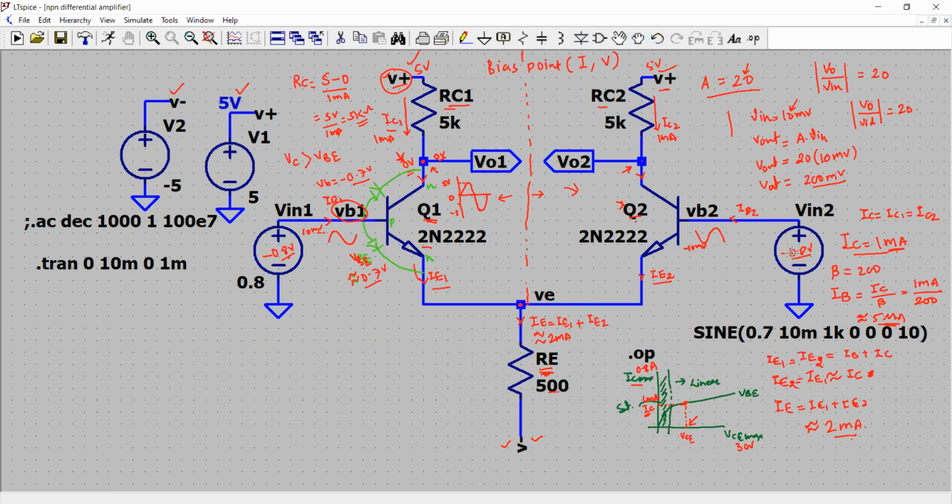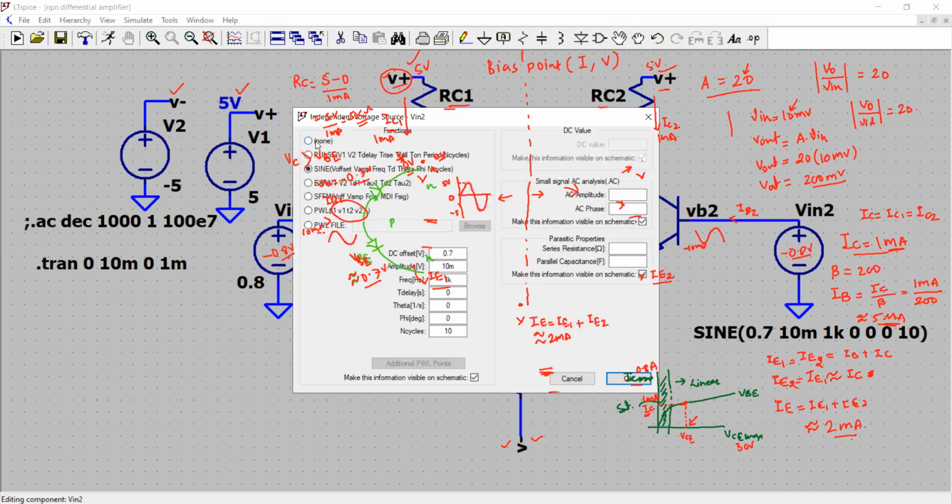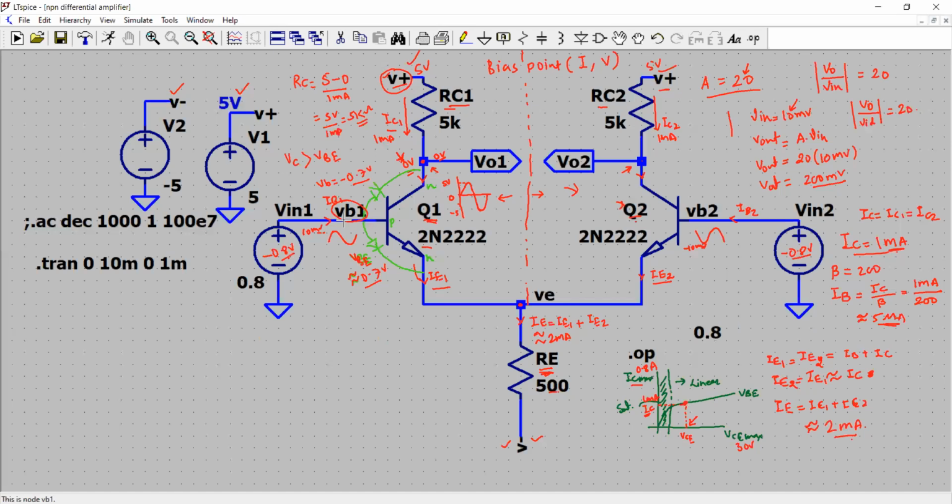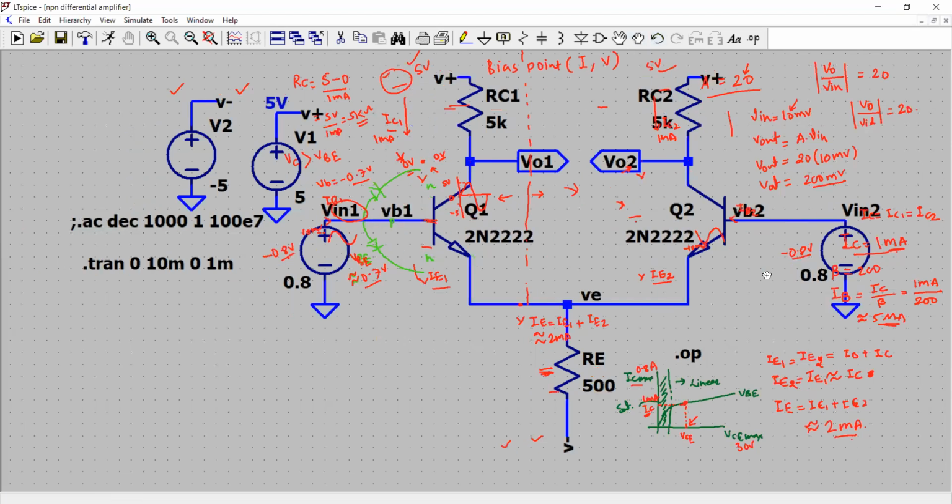Similarly here, I would click and select the DC value of 0.8 volt. I had used the sinusoidal source in the previous analysis. That's why I want to do some changes right here. So now your circuit looks like all being set. So 0.8 volt is the DC level for the base voltages we have set.